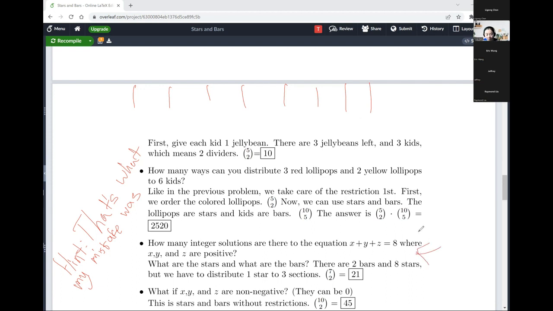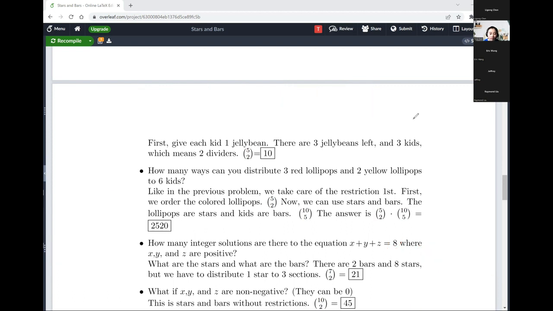And so since we have three people and 8 ones, 3 plus 8 minus 1, choose 3 minus 1, or 10 choose 2 equals 45. So yeah, that's how you do that one. And yeah, I'll go to the next problem.